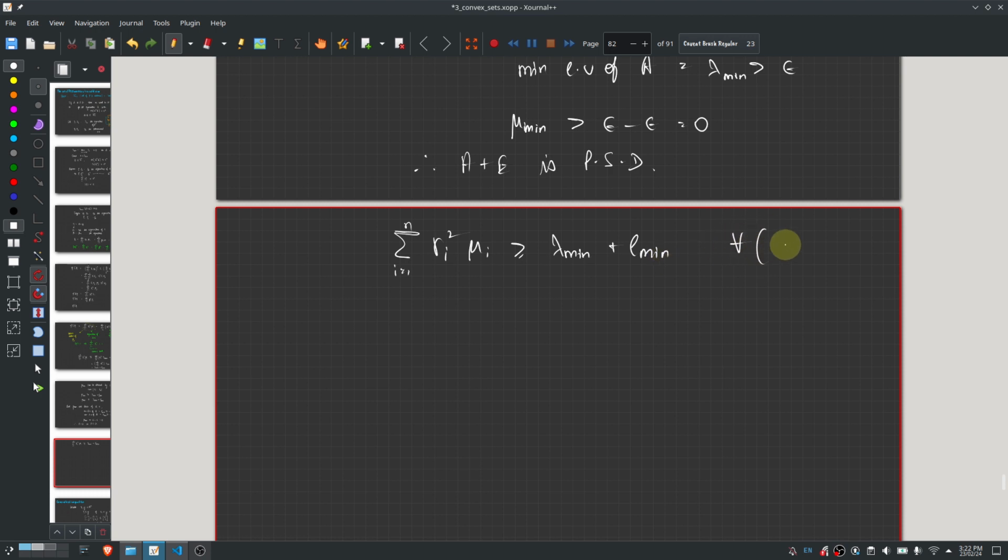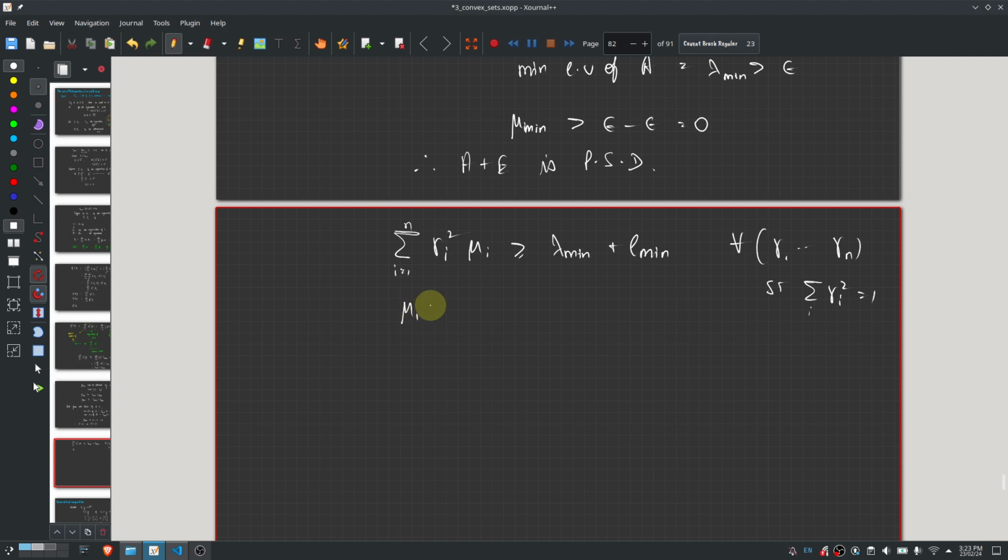This is true for all gamma 1 through gamma n, such that summation over i of gamma i square equals 1, because the 2 norm of x has to be equal to 1, right? That was the fundamental assumption. So this holds true for all of these.